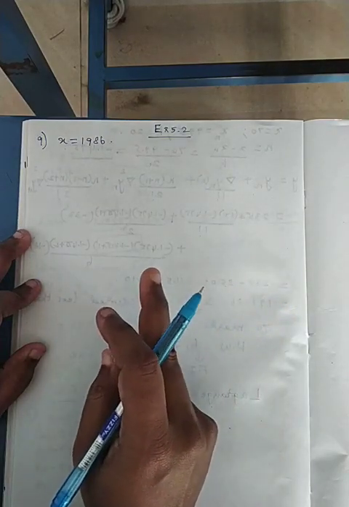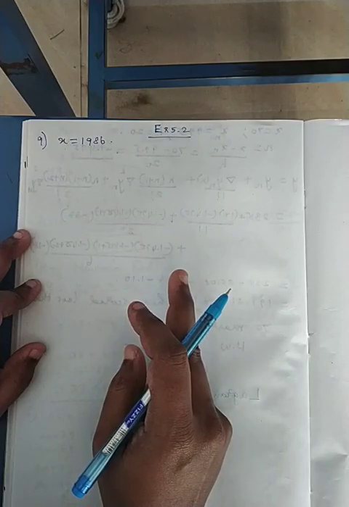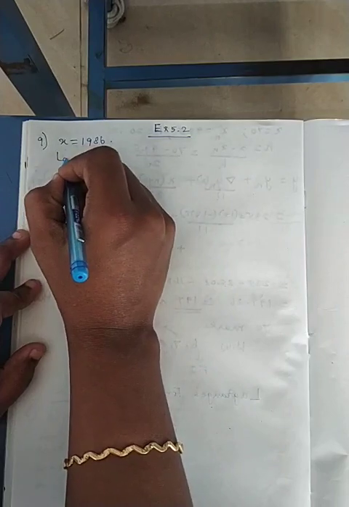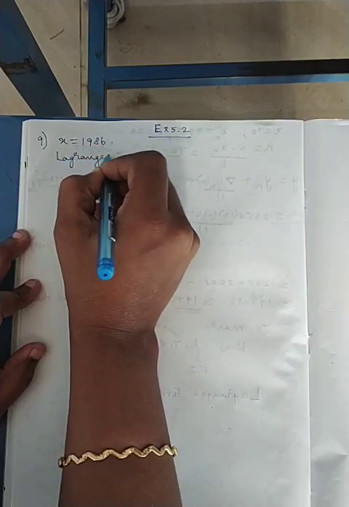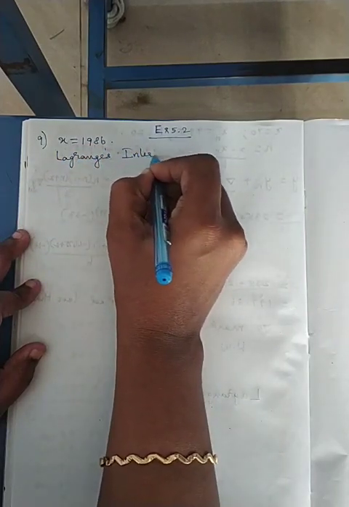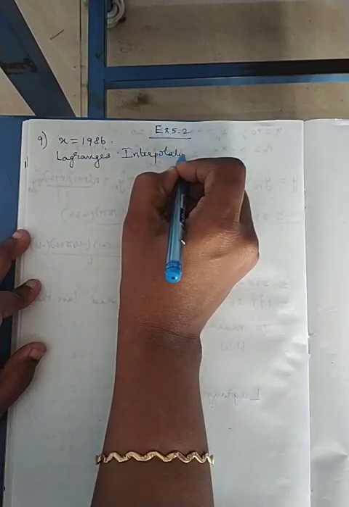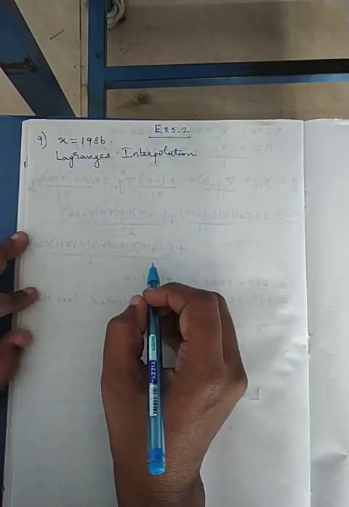The 1986 is missing. Yes, so I can say there is a gap. So I am going to use Lagrange's interpolation formula.